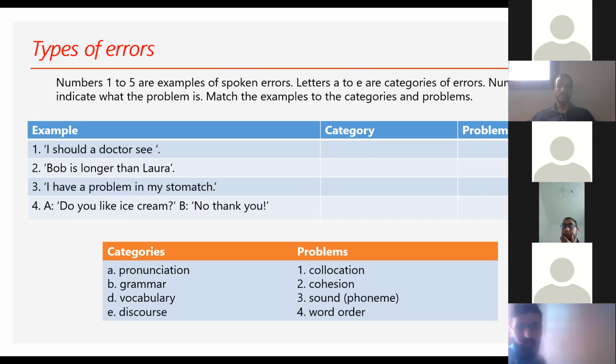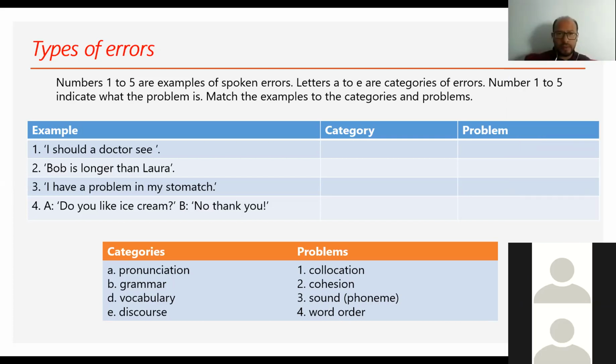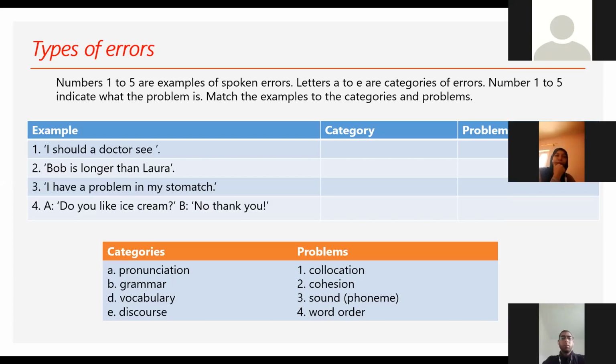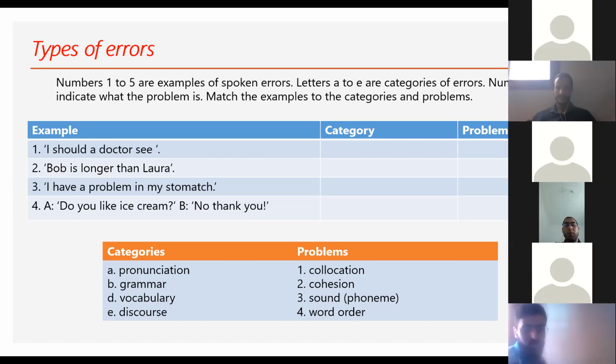Okay. Number 3, "I have a problem in my stomach." Pronunciation. Can you raise your hand, please? Yes, please. For number 3, the category here is pronunciation, and the problem is sound, phoneme. You agree?